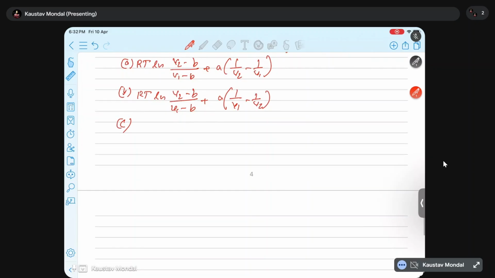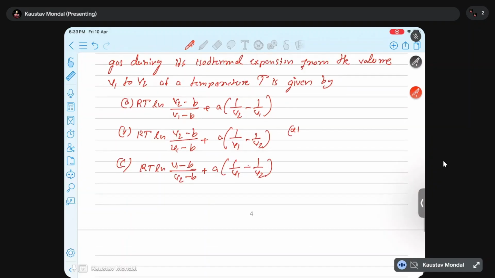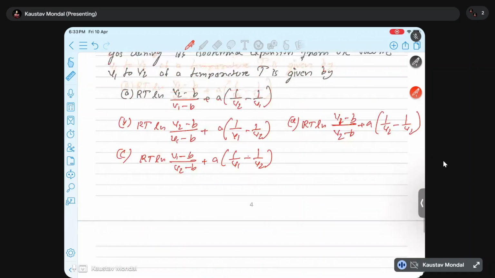Option C is RT log (V1 minus b)/(V2 minus b) plus a into (1/V1 minus 1/V2). And option D is RT log (V2 minus b)/(V1 minus b) plus a into (1/V2 minus 1/V1). Okay. These are all the options given.